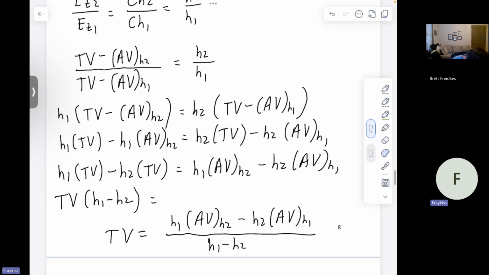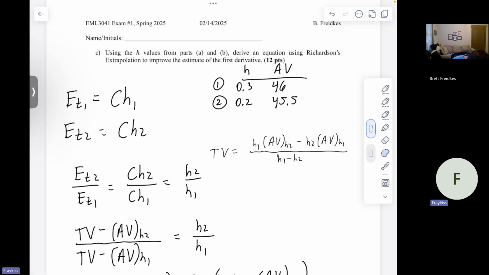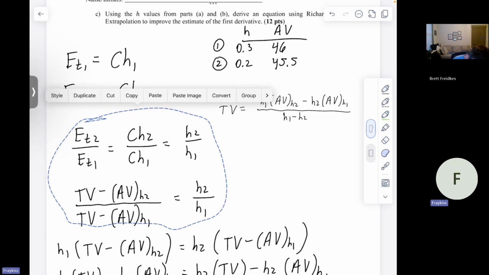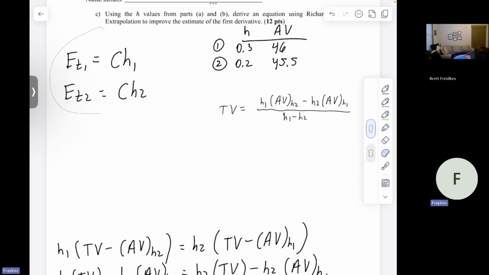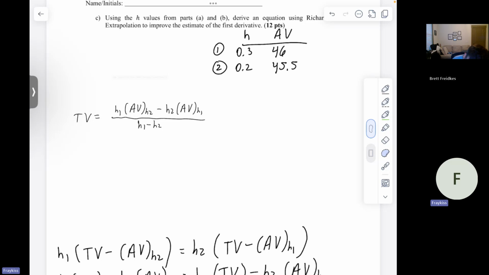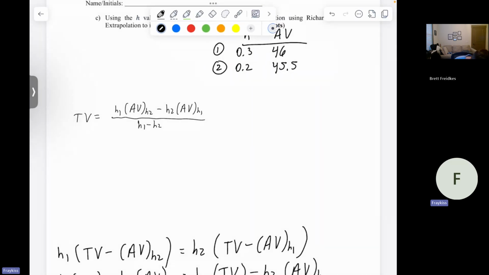I'm going to copy this. Maybe I'll paste this up here and make it a little bit smaller. And let's delete some of this so I have room here. Okay. So we have all of our H values present.